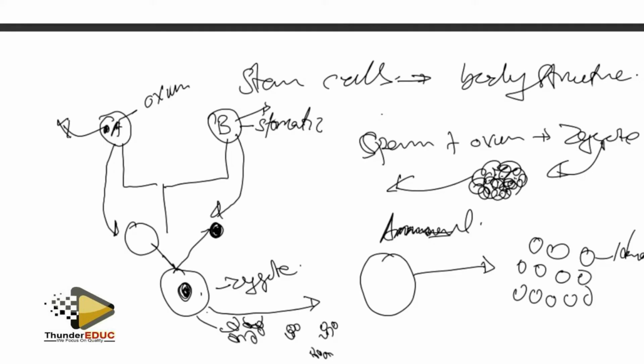Now, a question: will these babies look like B or will they look like A? They will look like B. Why? Because I used the nucleus of B. I didn't use the nucleus of A. Why did I use the casing of B?